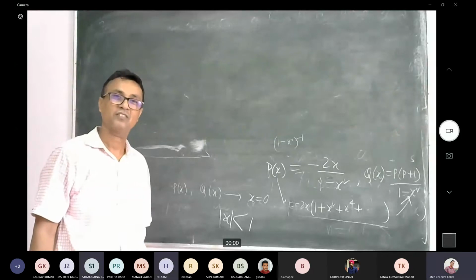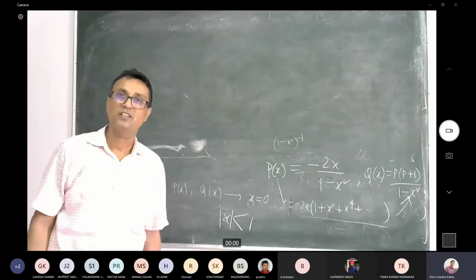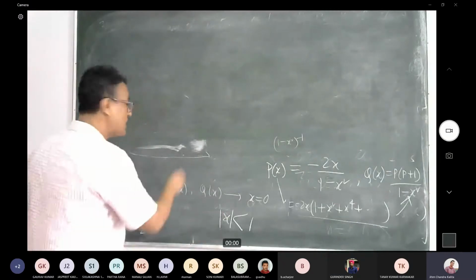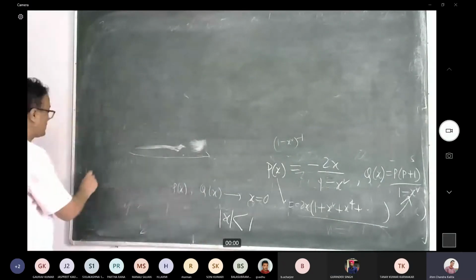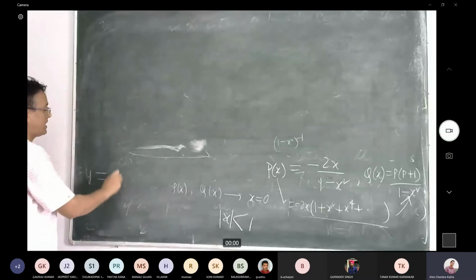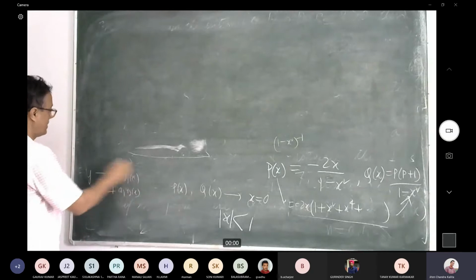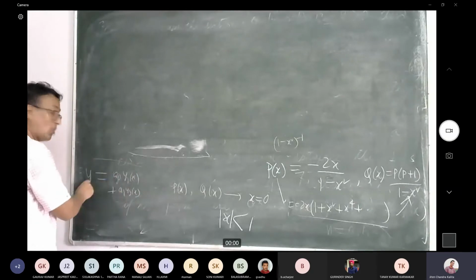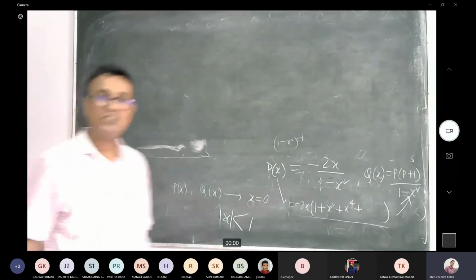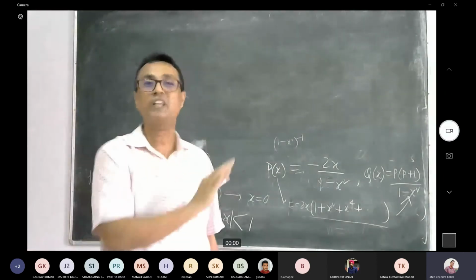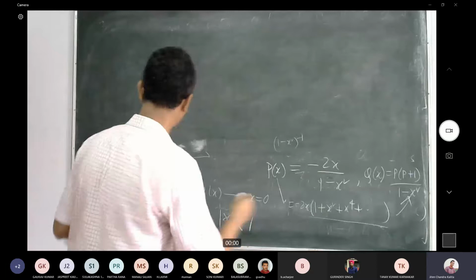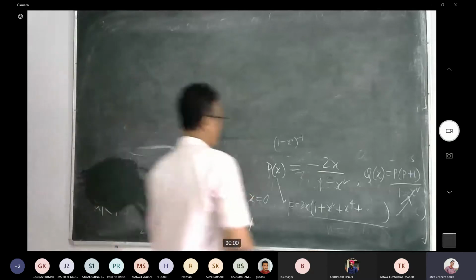And we had already found out that the solution that we obtained, something like a0 y1x plus a1 y2x, also had radius of convergence 1. So in fact, we have already validated this theorem. Now let me give you a proof of that.